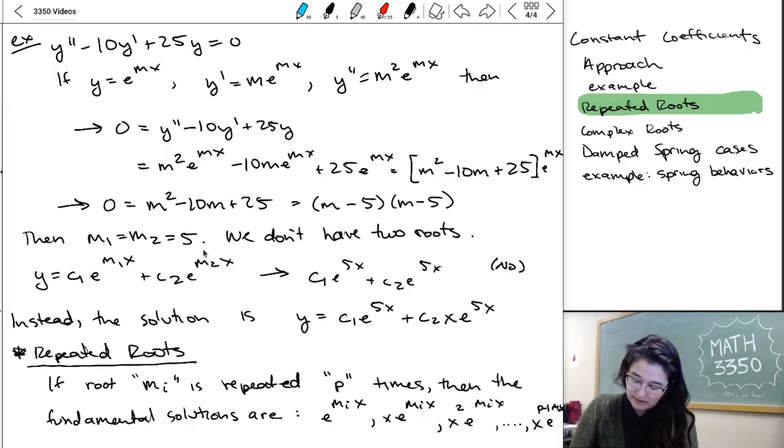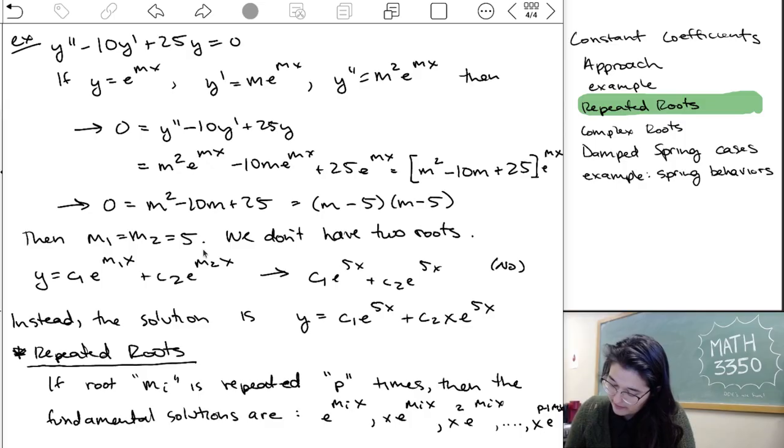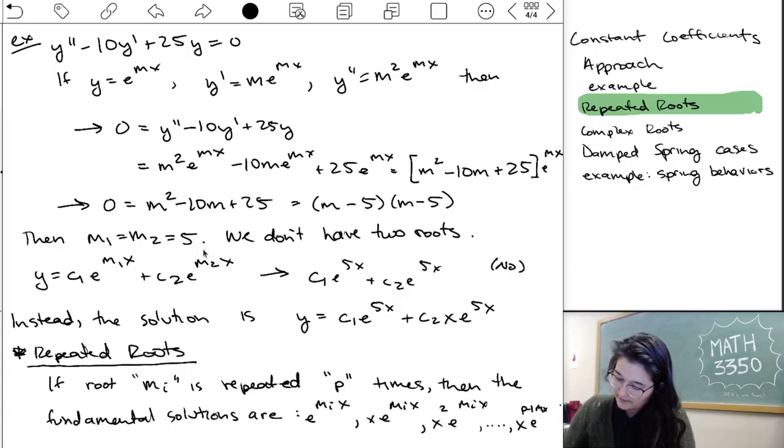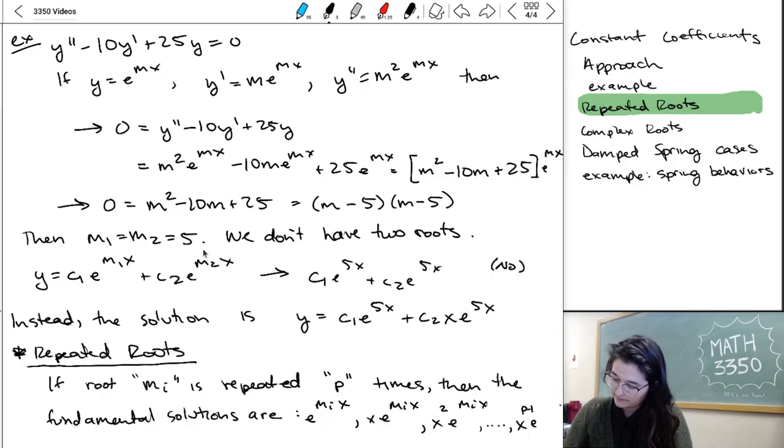I'm going to scooch that whole thing over because I didn't give myself enough room for m sub i x to be legible. There we go. So if you counted that list up, you would have p solutions. And that's all you have to do for repeated roots.